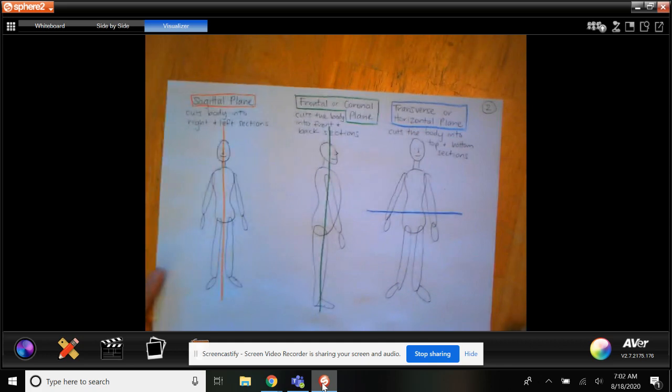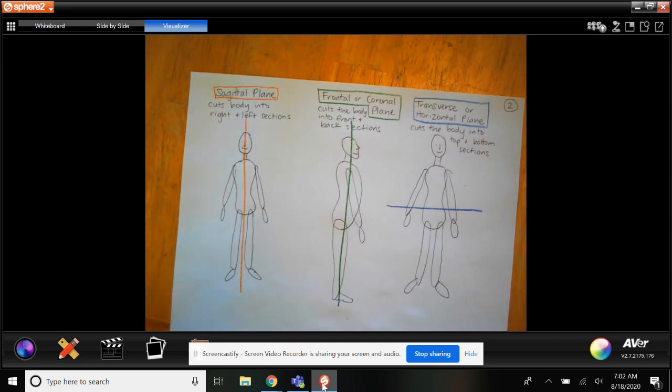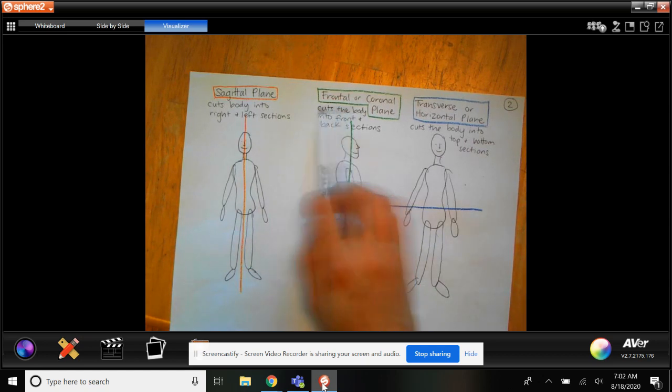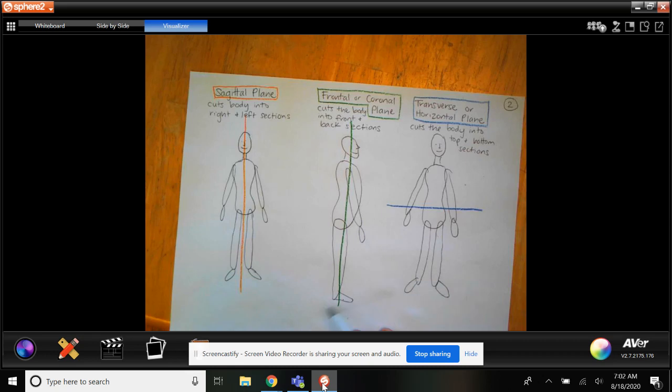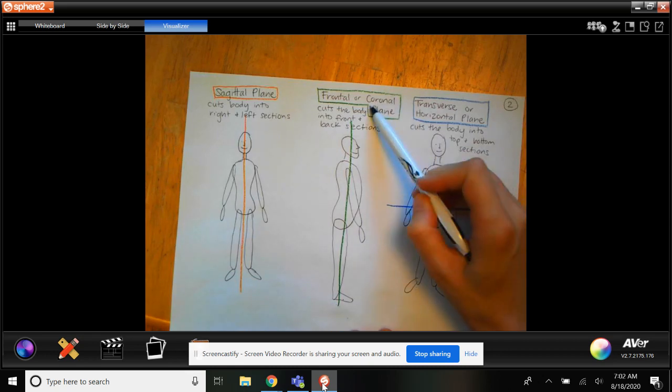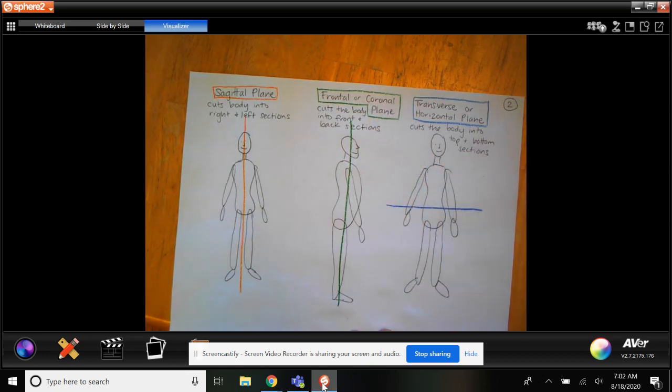So in terms of how to keep straight what it is, frontal kind of tells you in the name, front and back. The word corona in Spanish means a crown. So you can imagine somebody putting on a crown, well, a crown that's like a tiara.